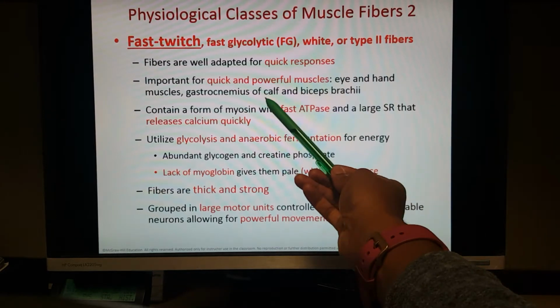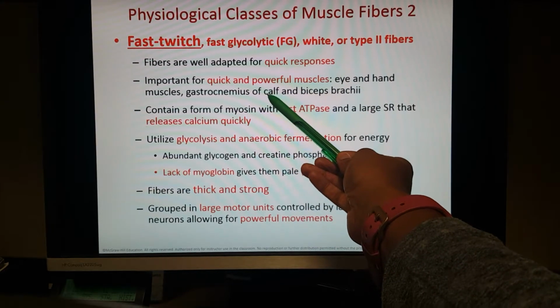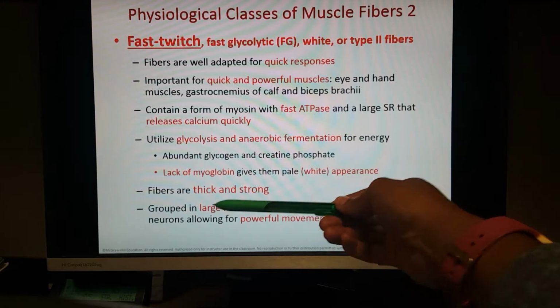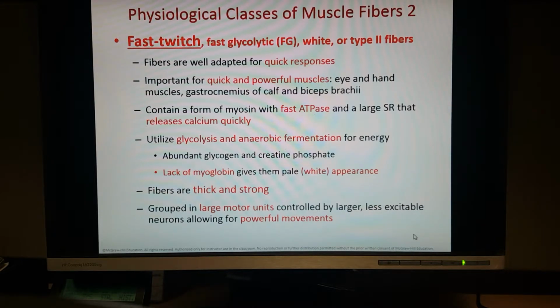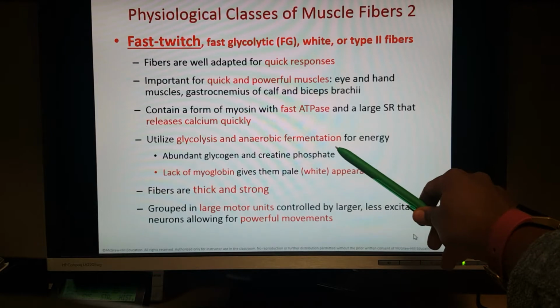In a lot of fast sports, like tennis or basketball, you see athletes with very large calf muscles, for example Serena Williams, who has very large calf muscles that are necessary for tennis. They use glycolysis and anaerobic fermentation for energy.